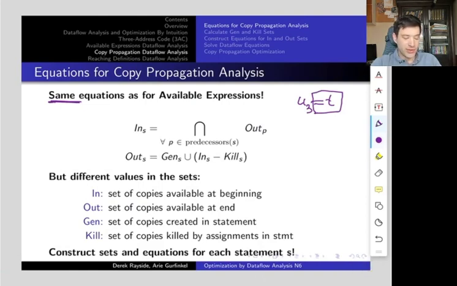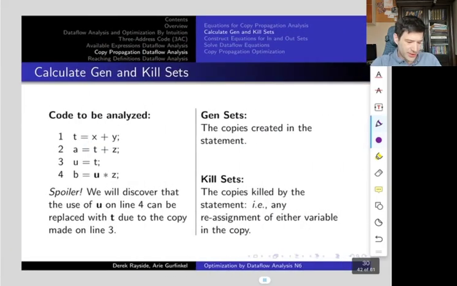And kill is a more interesting one. So let's think for a little bit what kill should be. Kill is something that invalidates equalities. Kill is going to kill any data flow fact for which a statement reassigns any of its variables.